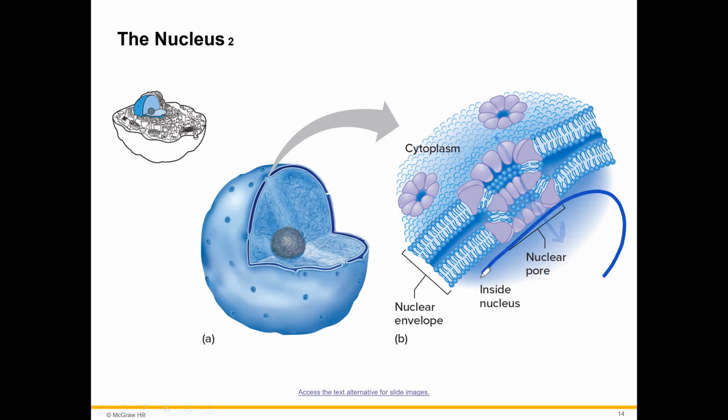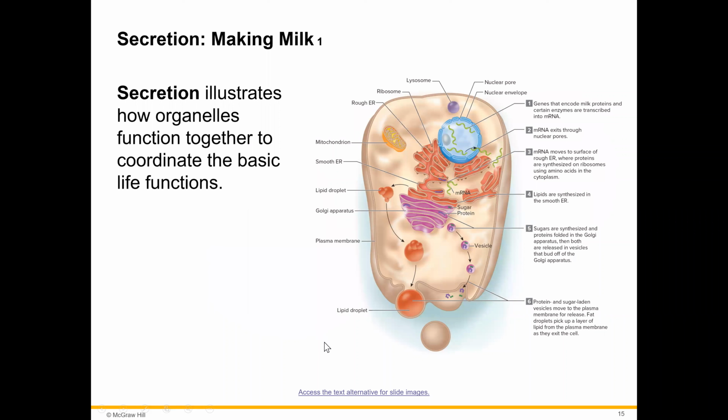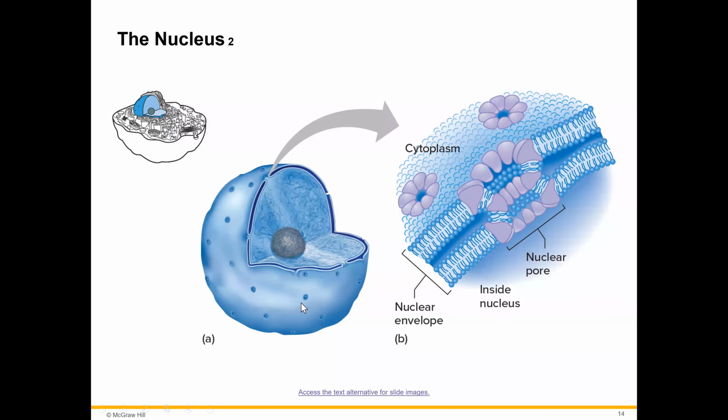Inside the nucleus, you will have nucleoplasm and chromosomes, or chromatin actually. And there is another part over here called the nucleolus that we're going to talk about. This dense part inside the nucleus is the nucleolus, and that's where ribosomes are assembled.